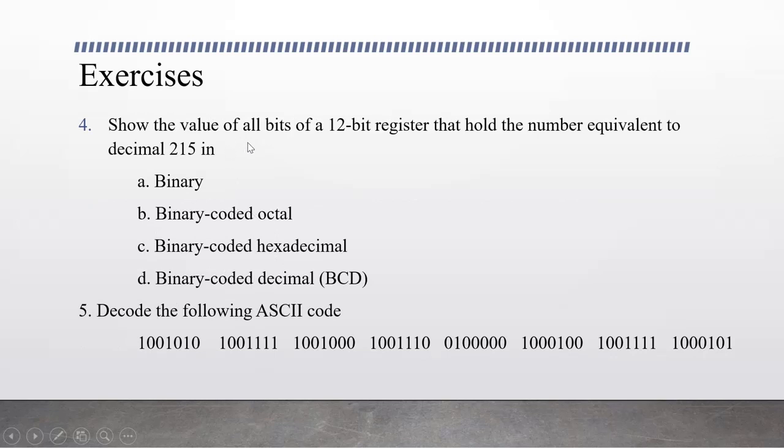And for the fourth one, you need to make a table of a 12-bit register and write the binary coded octal, binary coded hexadecimal, the 4-bit equivalent, and binary coded decimal, BCD, for the decimal number 215. And the fifth question, decode the ASCII code which is represented by binary. Thank you.